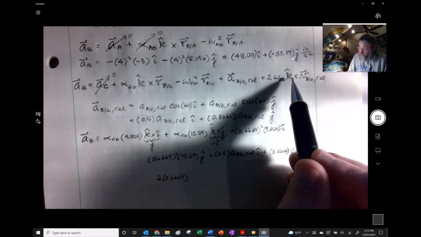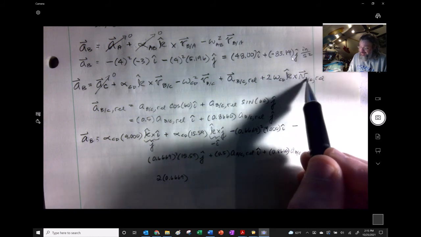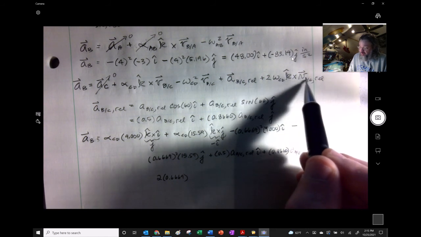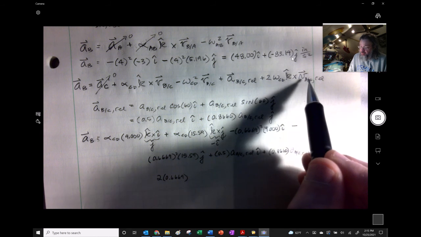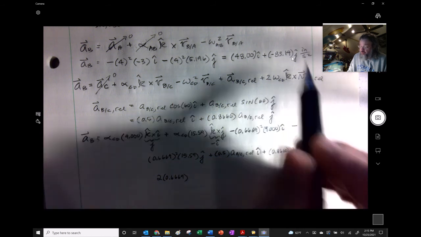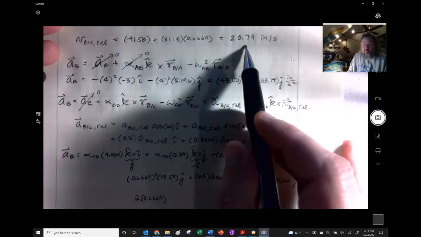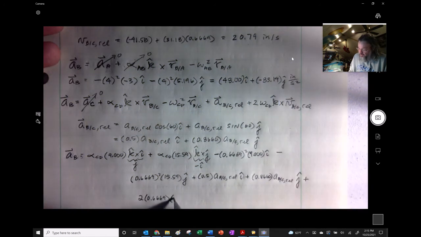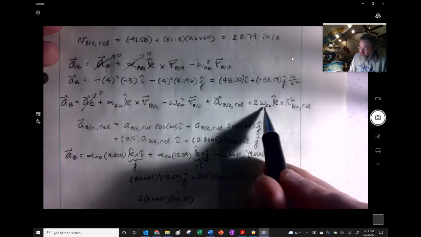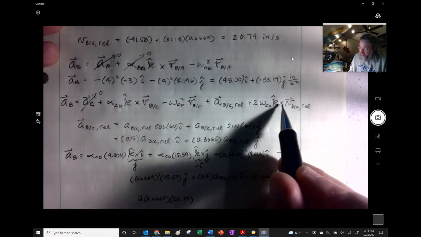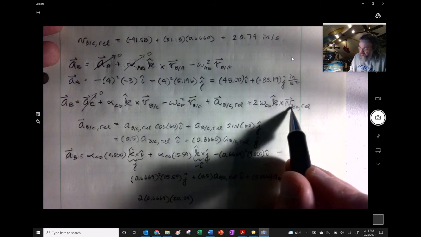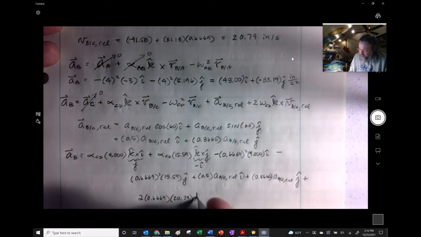But we need its I component. So what we need is this value, which is this value right up here, 20.79 K, and then we're going to, okay, so we've crossed K.